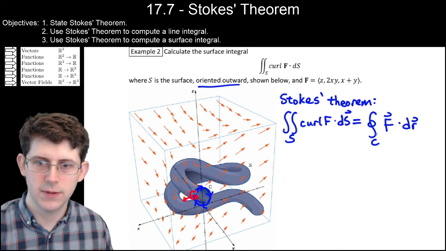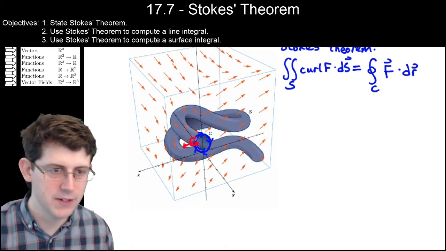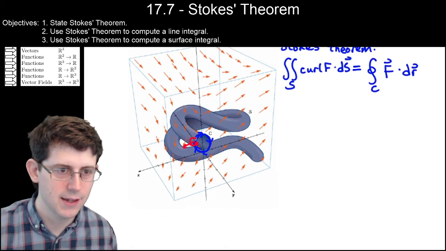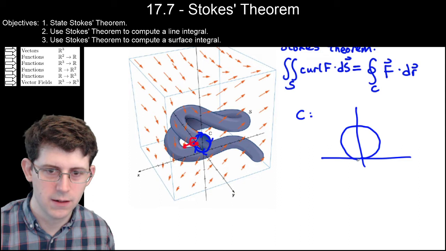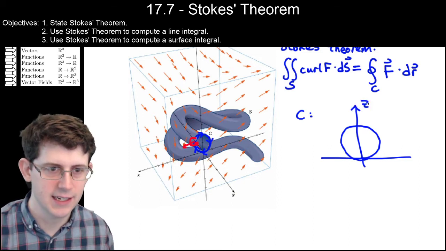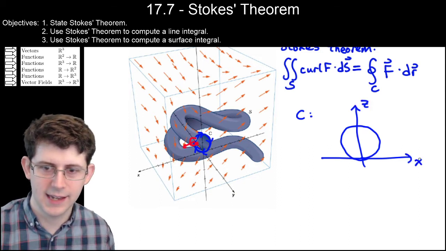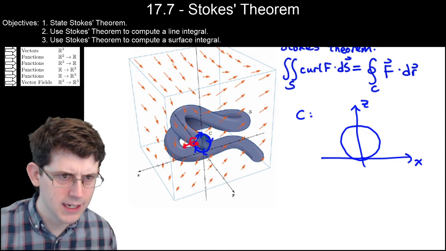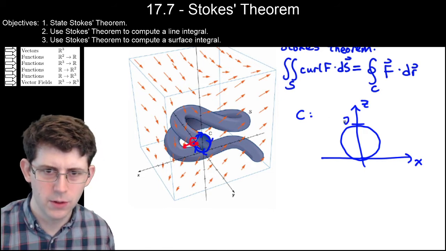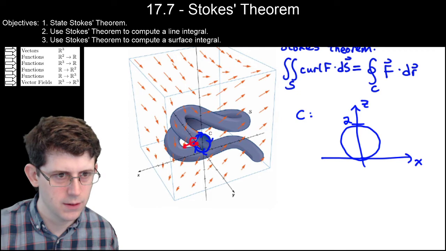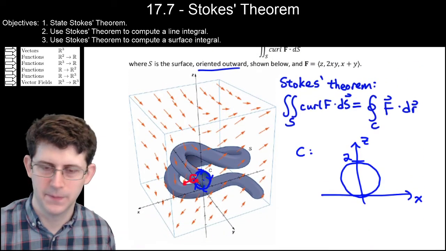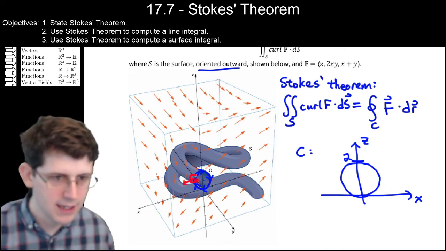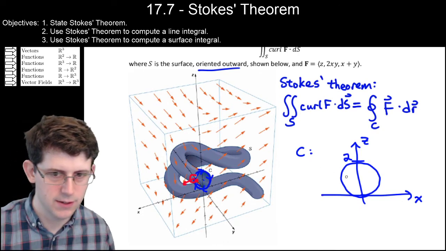So to actually do this line integral, we will have to parameterize this little tiny circle. It's sitting here on the z-axis in the xz plane, and it looks like it goes up to 2. Do we get any better info than that? No. Okay, so this is my curve C, and I need to go around.